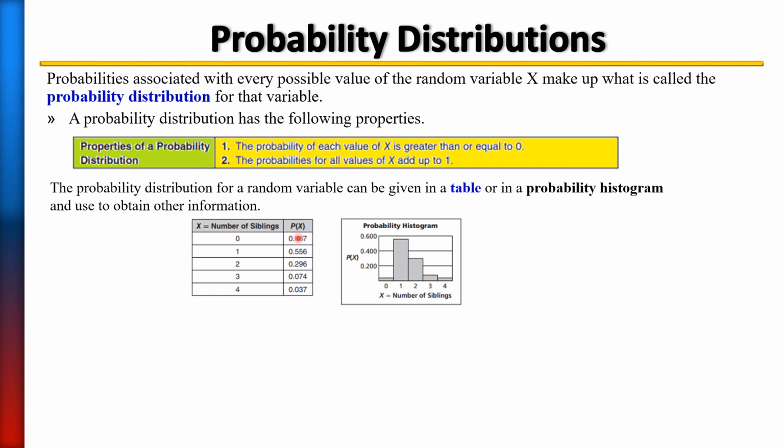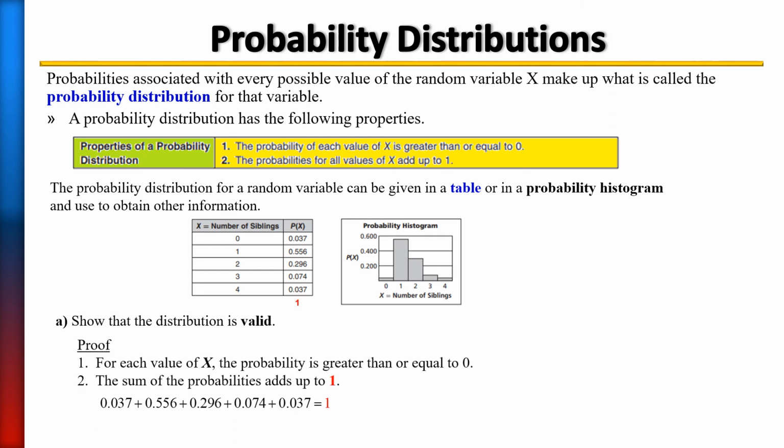So if you were to add this column of probabilities, it would add up to 1. That's your proof to show that the distribution is valid. Again, 1 is that for each value of x, the probability is greater than or equal to 0. And second, the sum of the probabilities adds up to 1.